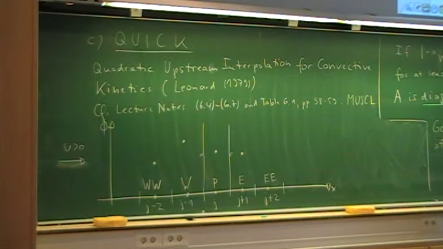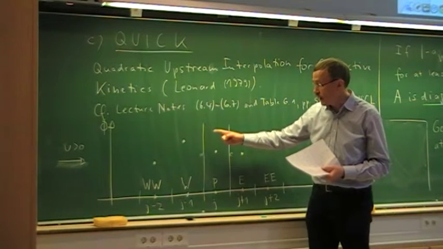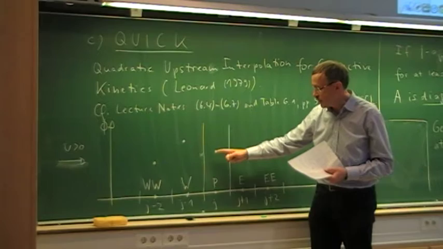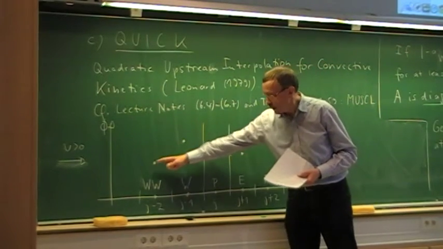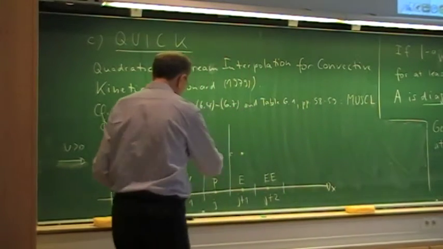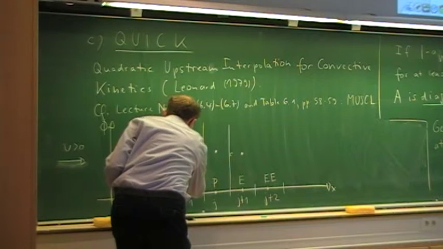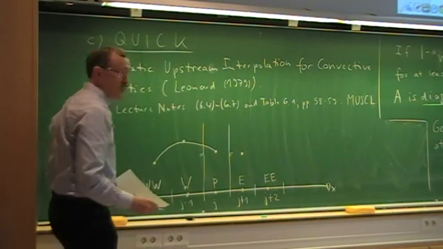So what is the idea? The idea is to compute the western flux by doing an interpolation of the values at P, W, and WW. That means we get a quadratic polynomial that would look something like this.